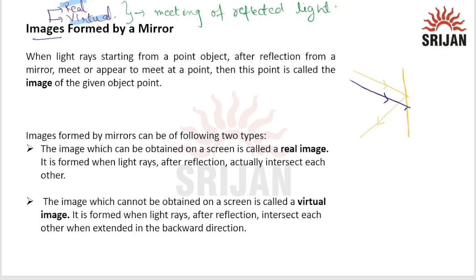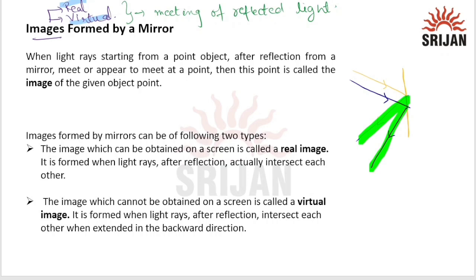This one is second and it gets reflected. Now you have to see where the image will be formed. The image will be formed where the reflected light rays, that I am marking with the green color, will meet.